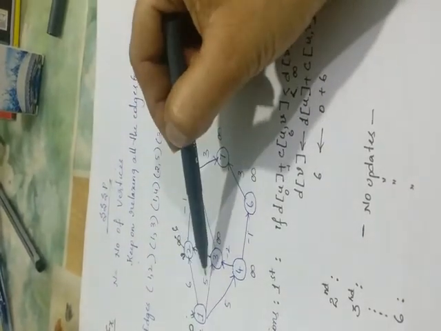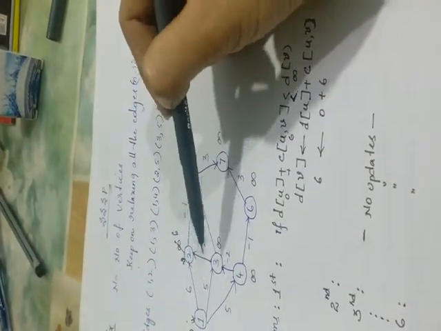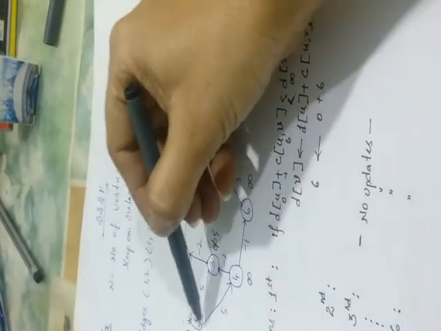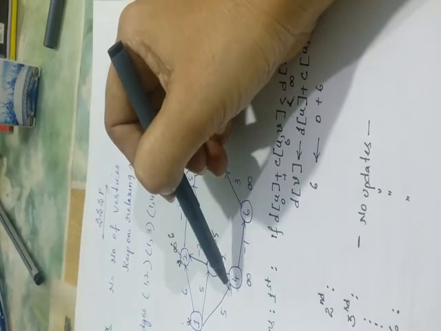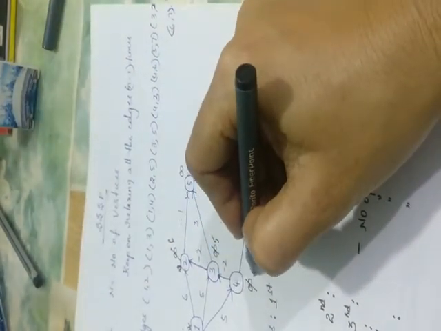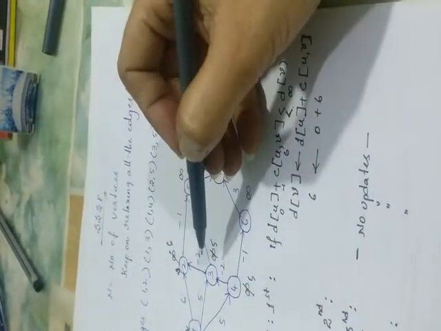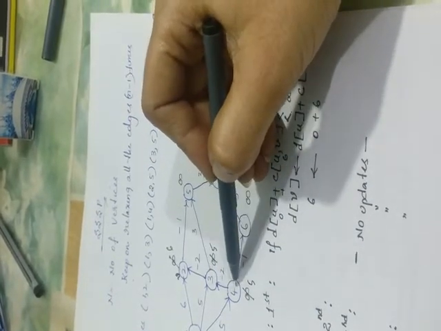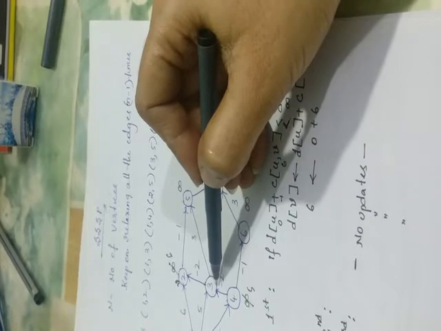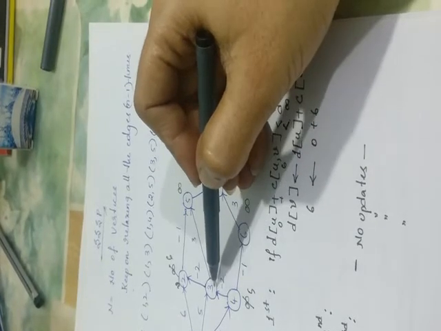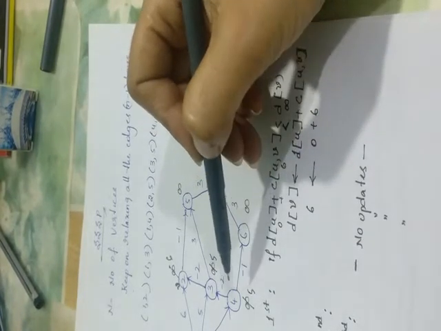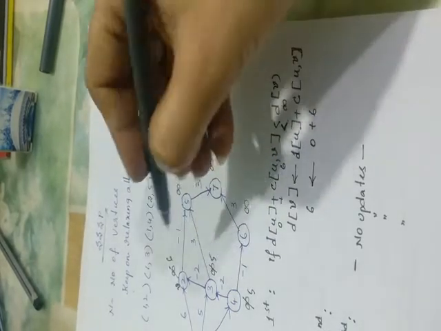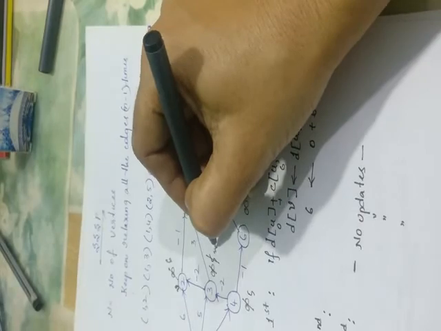So 0 plus 5 will be less than infinity, so I'll be updating this as 5. Next, 4 to 3. Here 4 to 3 is minus 2. D of u is 5, and 5 minus 2 will be 3. So I'll be updating this as 3.